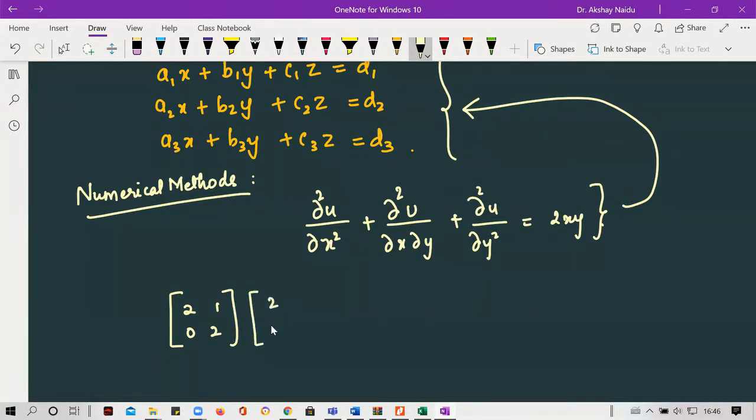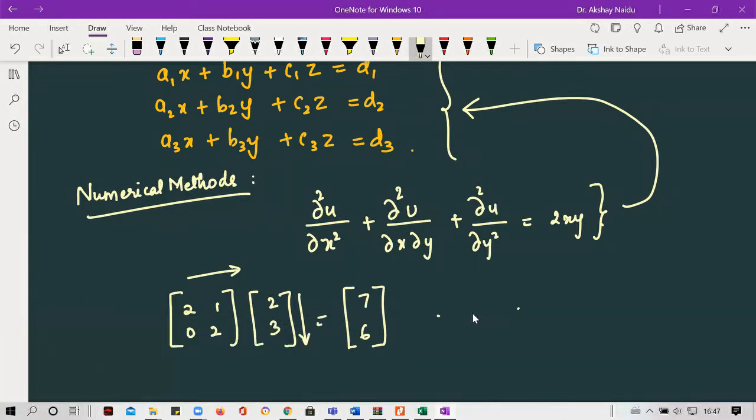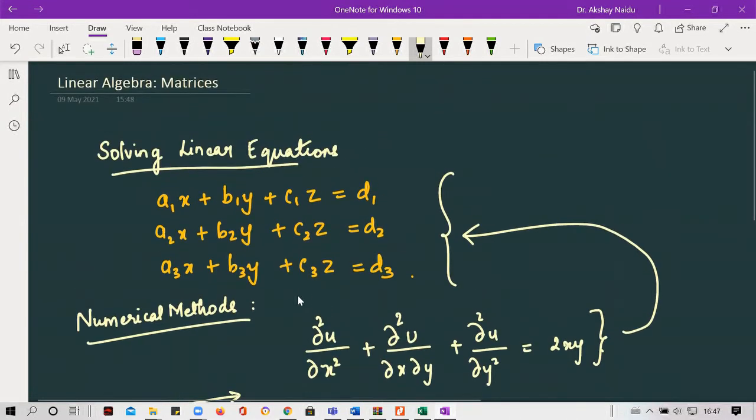This matrix multiplication, we know, is 2 into 2, 4, plus 3, 7, and this is 0 into 0 plus 6, 6. So we multiply the row with the column elements. I wondered why this is so, and the answer lies later, in solving differential equations, solving linear equations.